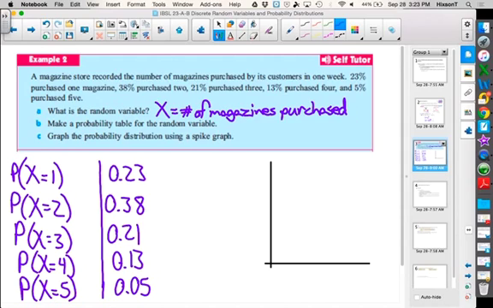Yeah, so here's the thing. Does this add up to 100%? Let's find out. If you add it up, it does equal 1. So that is correct. But just by reading the problem, the fact that they did not list any data for any values bigger than 5, we can infer that no one bought 6 or 7 or 8 magazines.